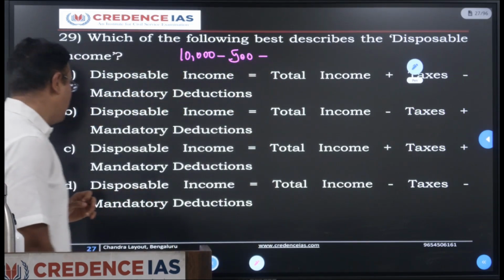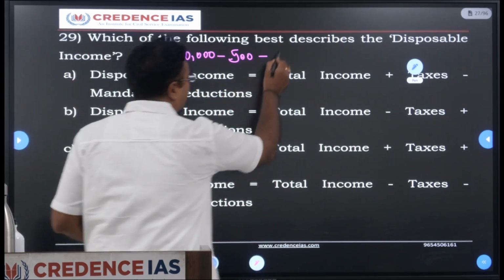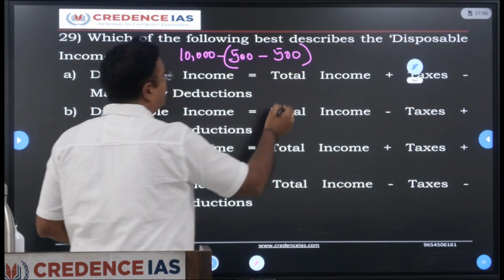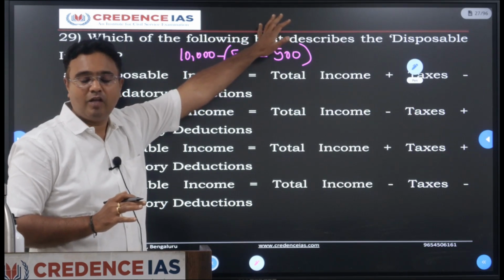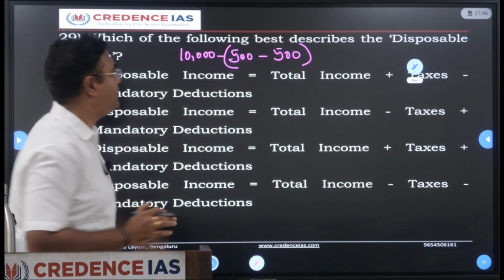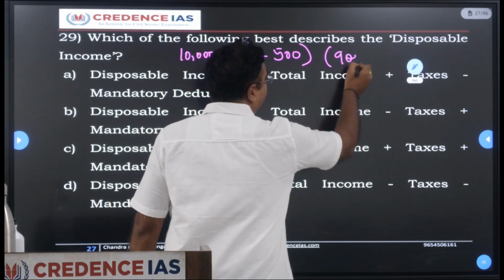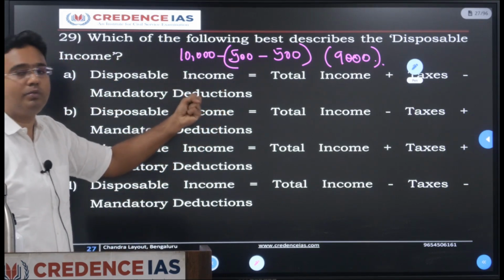Then mandatory deductions: for instance 500 rupees he pays as EMI for a vehicle loan. So of the total income of 10,000, 500 rupees he pays as tax, 500 rupees as a loan for the vehicle. So how much is he left with? He is left with 9,000. This is his disposable income.